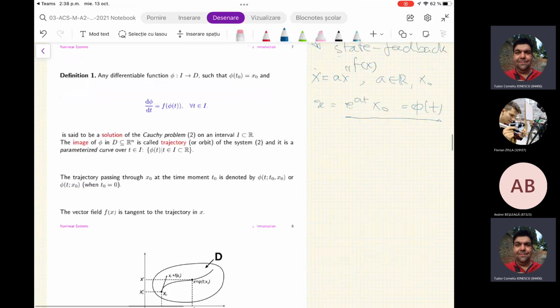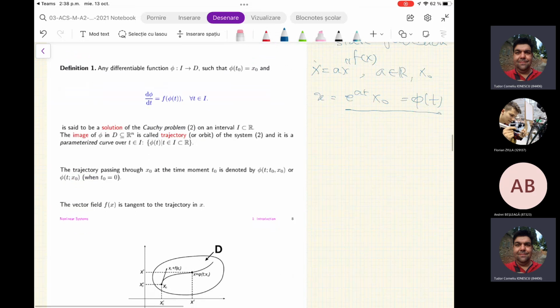This is how you define the solution of a dynamical system mathematically. Of course, mathematically the solution is phi, but systemically the solution is this orbit, the trajectory described by the function phi. The trajectory passing through x naught at time t naught is denoted by phi of t naught x naught, or phi of t x naught when t0 equals 0.